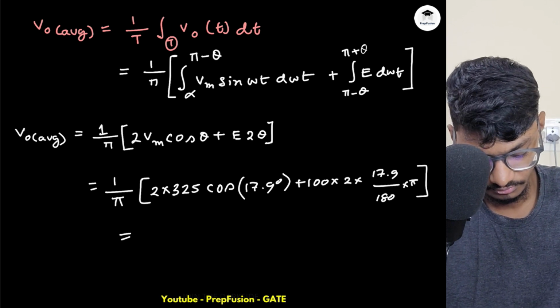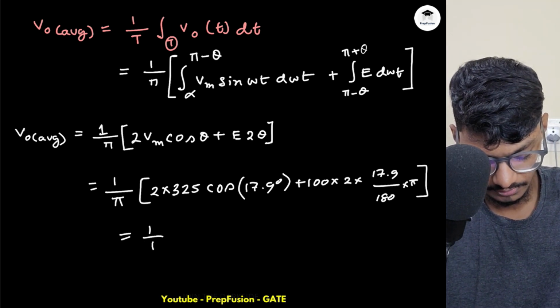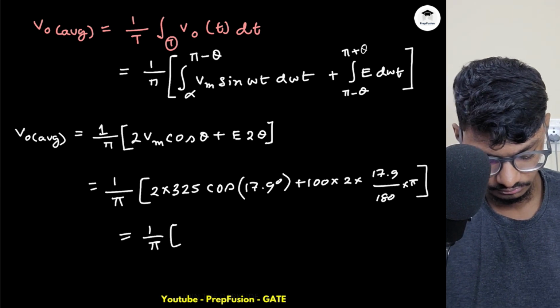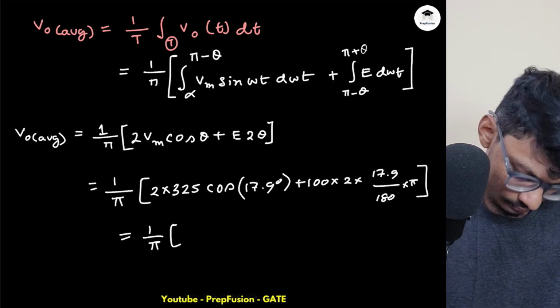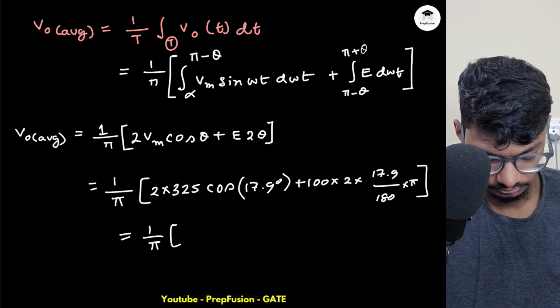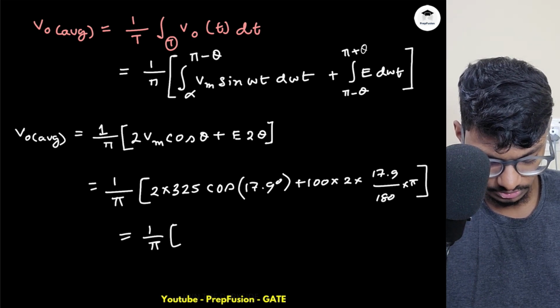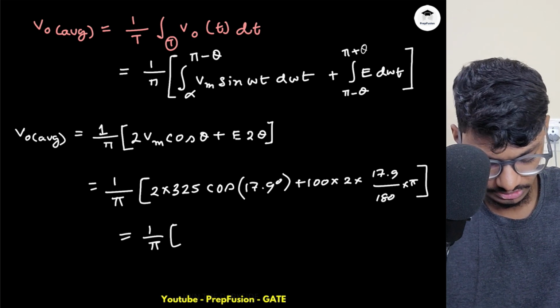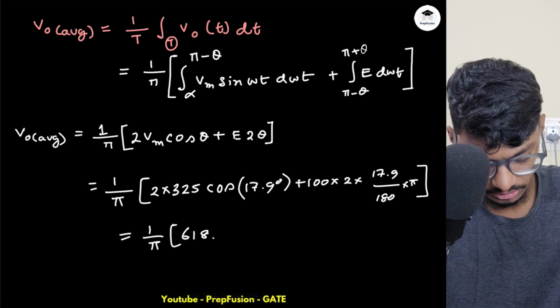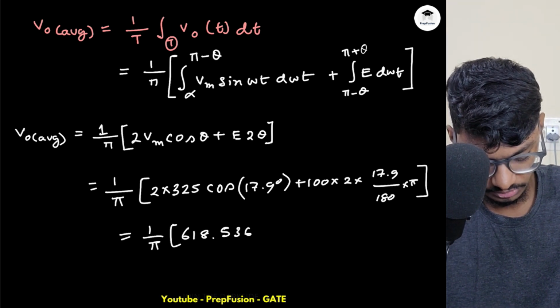So this is 1 by pi. This will be 325, cos 17.9, into 2. So this is 618.536.